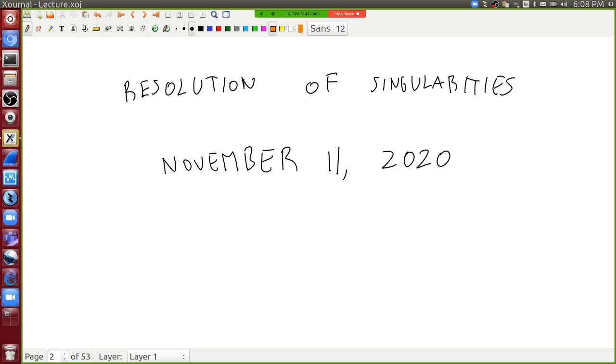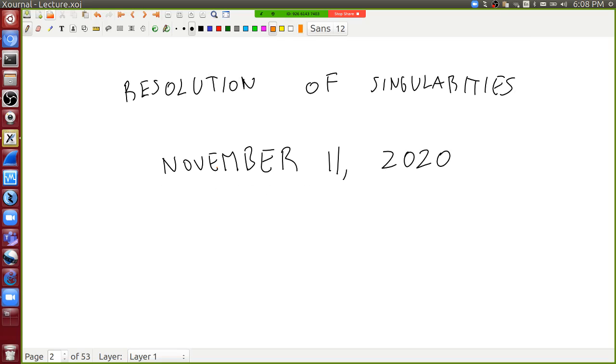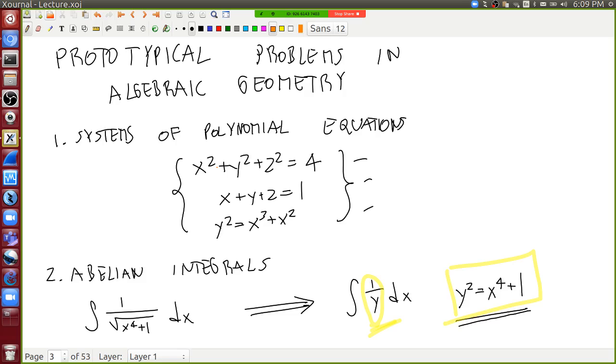Okay, resolution of singularities. Page 1 is just notes to myself. Page 2 is just the title, and then page 3, really page 2 of the talk.